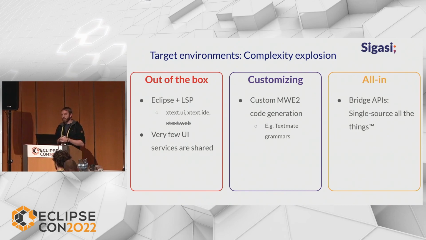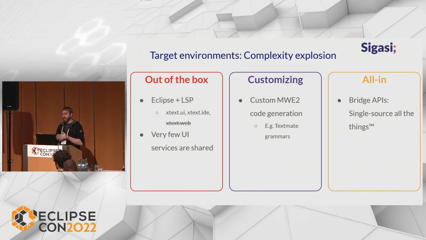We wrote a couple of MWE2 code generators to help our VS Code plugin. One of these generates descriptions of all kinds of validations that can be enabled or disabled. Another thing is we generate a TextMate grammar from the Xtext grammar, so that everything is single-sourced.